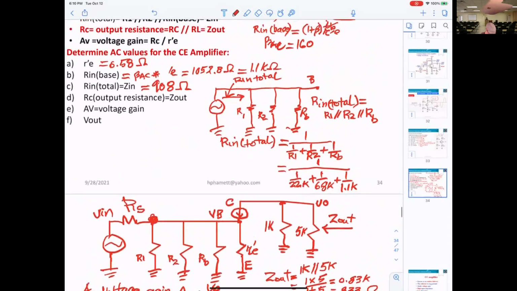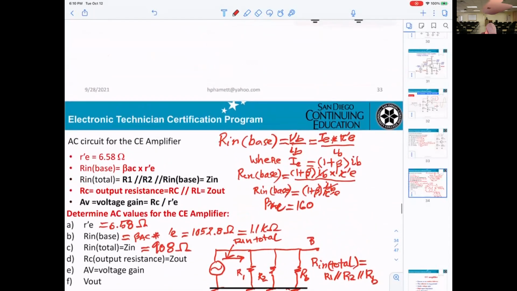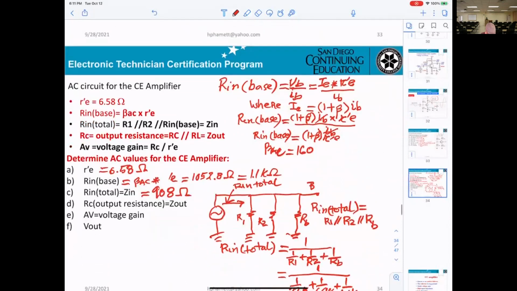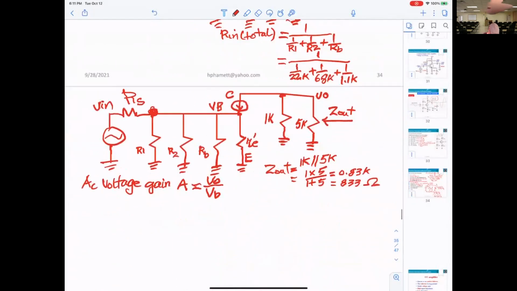And let's see, is AV given to you right here? R C or R out, same thing, divided by R prime E. So A equals R out divided by R prime E. That's the formula they gave you.